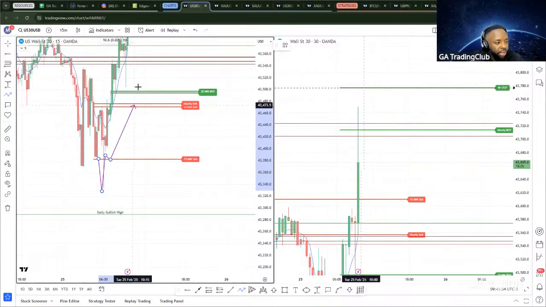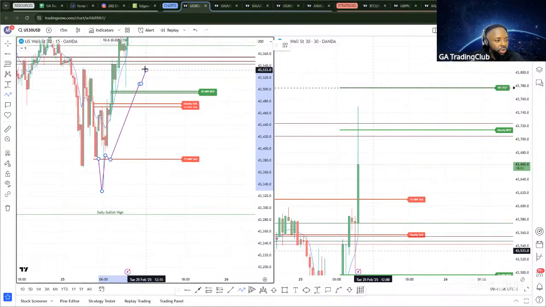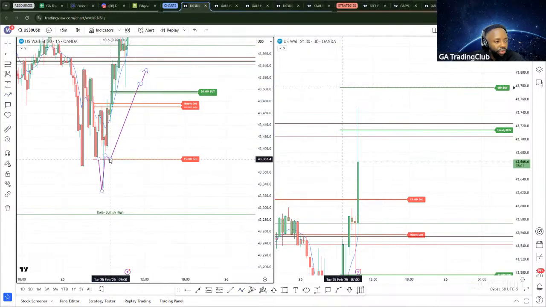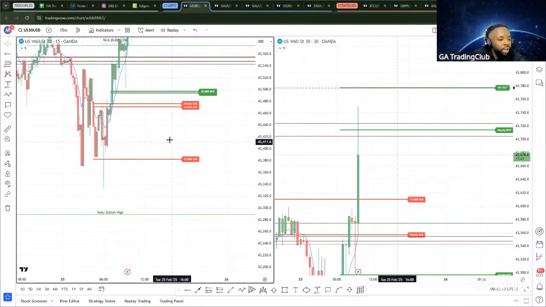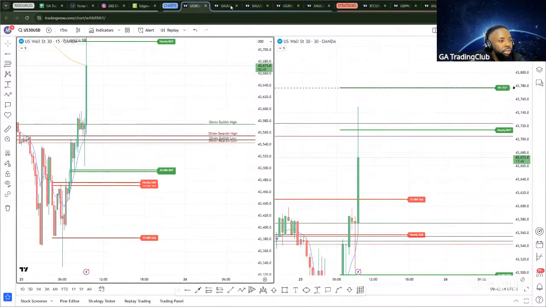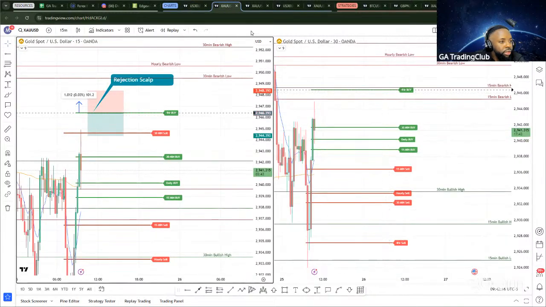That's the idea right there. You set the pending order and then you wait for price to come back up. That is literally the same notion we would be trying to get. So we set that up for gold.